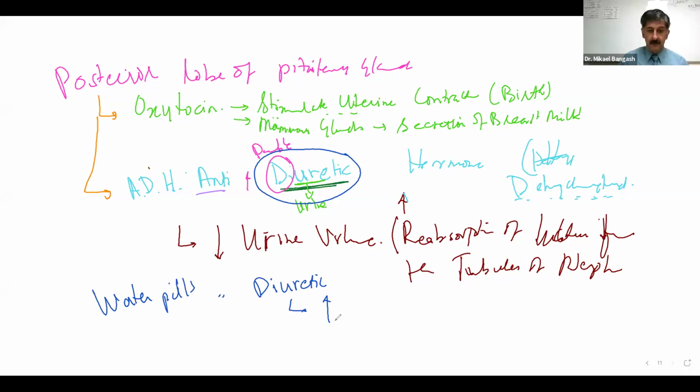You're going to increase the volume of urine. If he or she takes diuretics, which they just call water pills, they lose some volume, and that's going to reduce the volume of your blood. And in that way, it helps reduce the blood pressure.